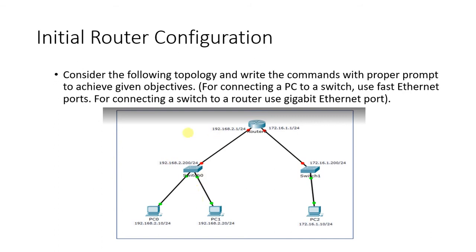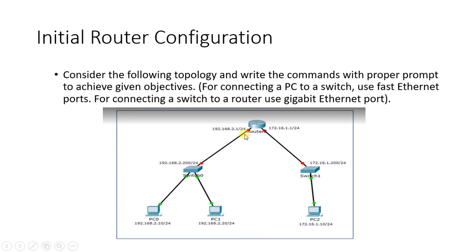The default gateway for this PC will be 192.168.2.1, this interface's IP address, because any packet coming from this PC will leave through this particular interface to another network. To move to another network, it has to pass through this interface.